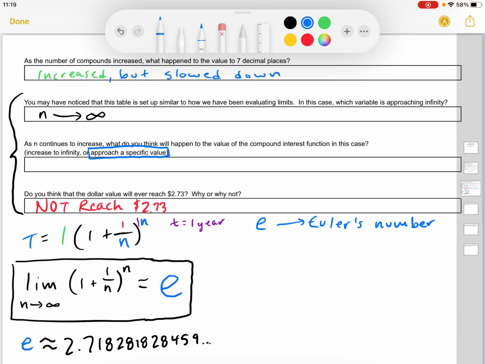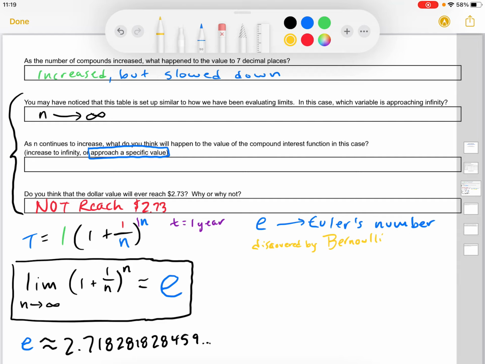But interestingly enough, Euler's number was actually not found by Euler, but instead found by Bernoulli when he was actually investigating this exact same problem that we just did. So discovered by Bernoulli.